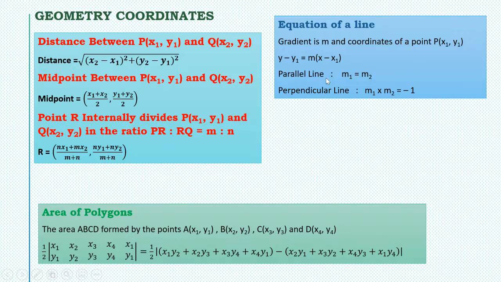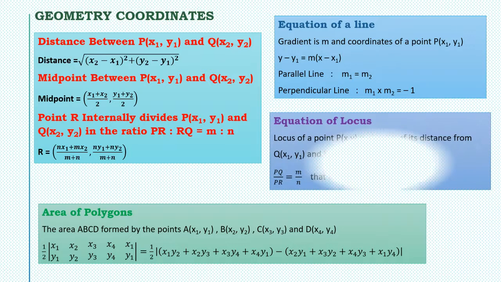For parallel line, what is the concept? You need to know their slopes are the same. If you have two parallel lines, the slope for each of them you found, you will see their slopes must be the same. For perpendicular line, when you multiply the slopes of the two perpendicular lines, you must get -1.